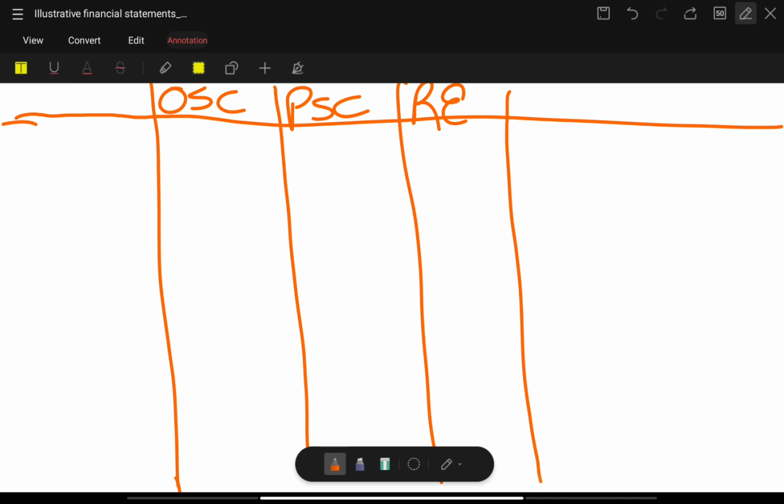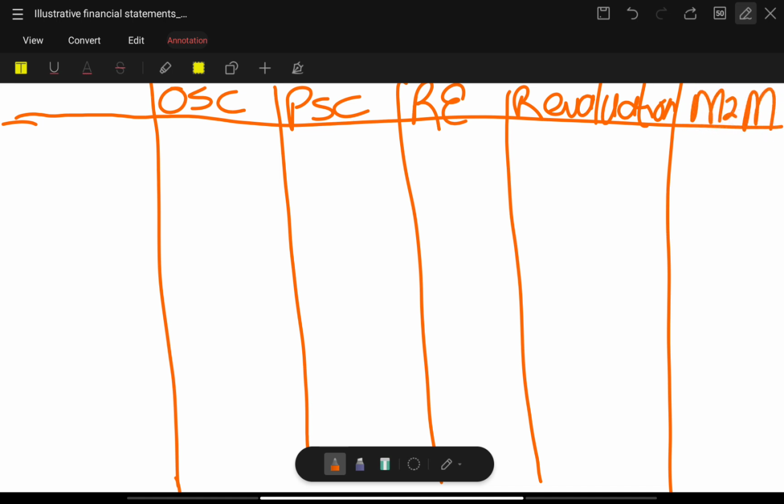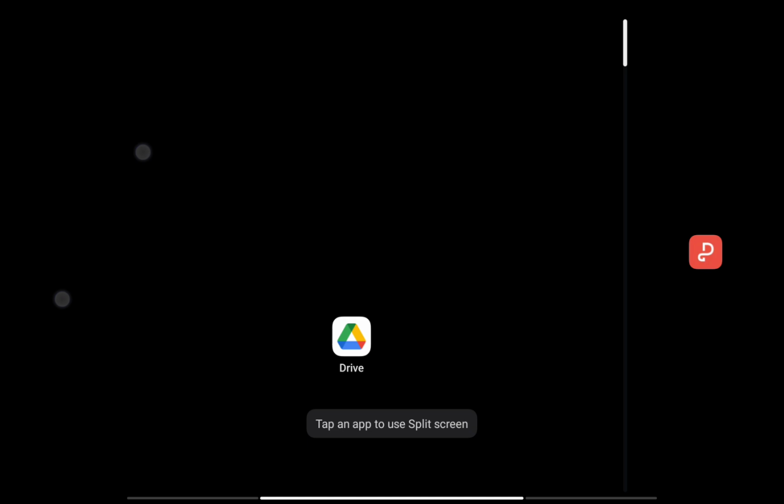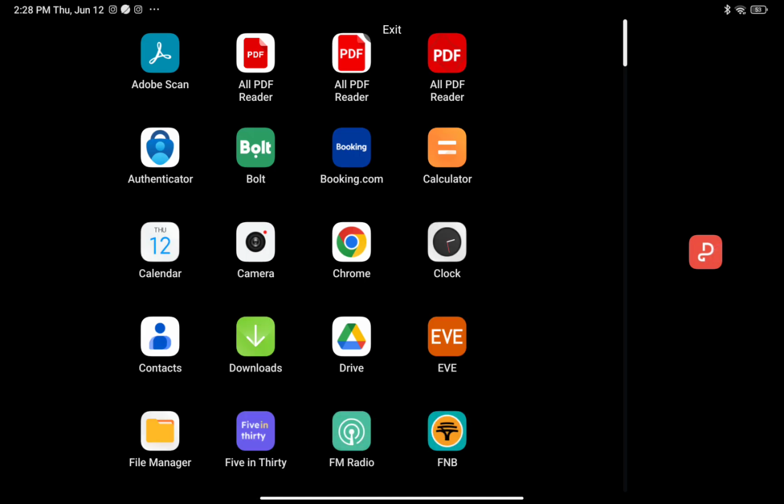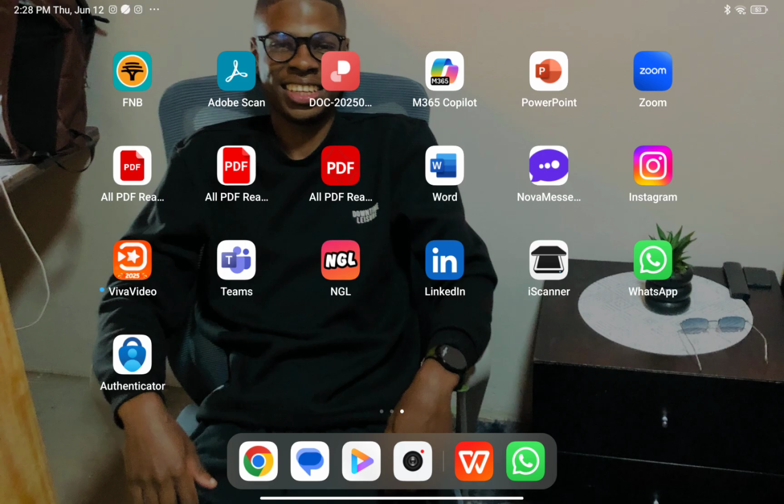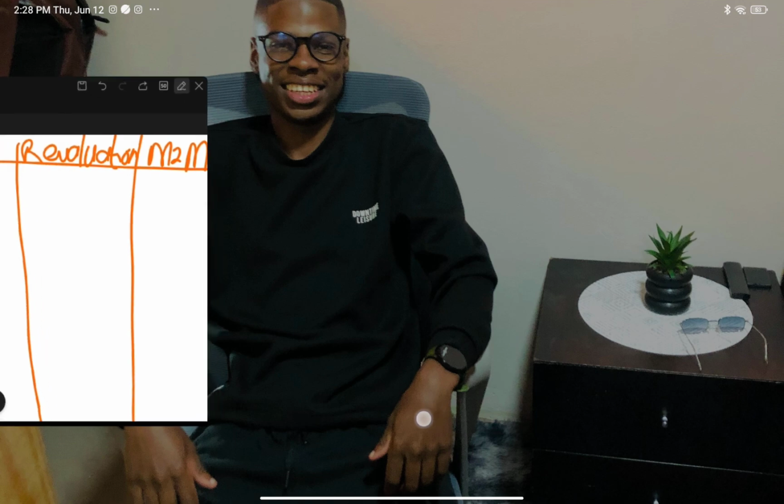After the retained earnings column, you will have the revaluation of land, PPE, and you will have the mark-to-market reserve account. You will write it in full: mark-to-market reserve account. Does it make sense, guys? So that's how it will go.